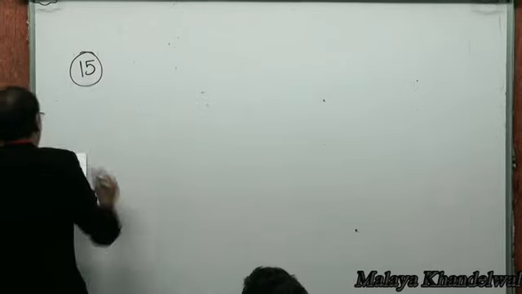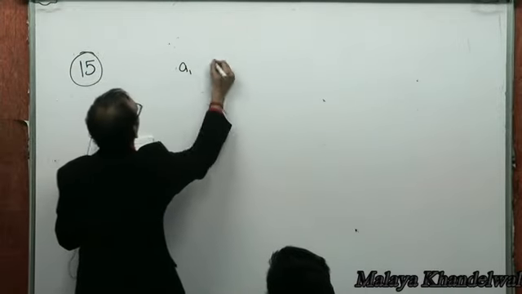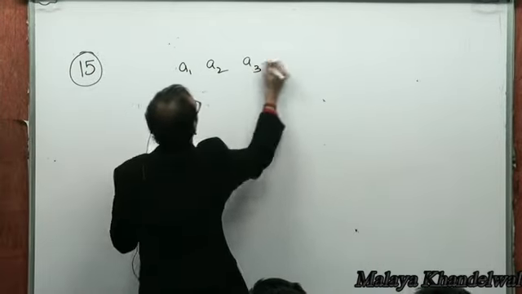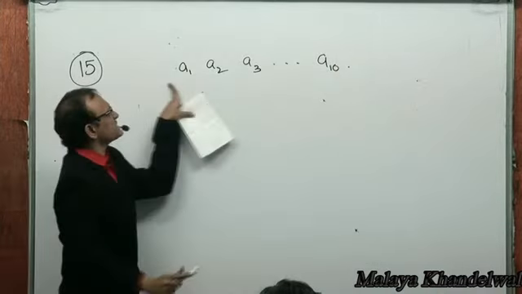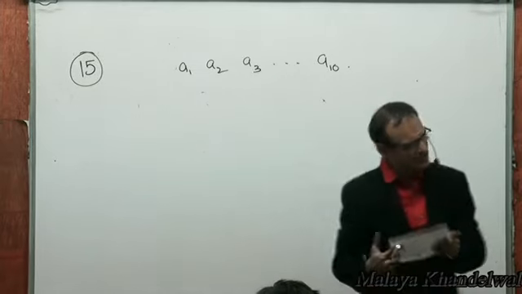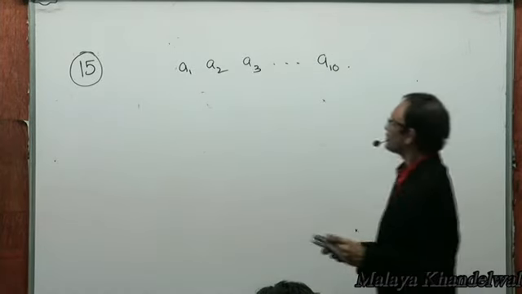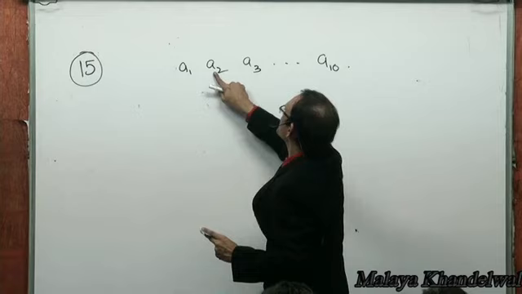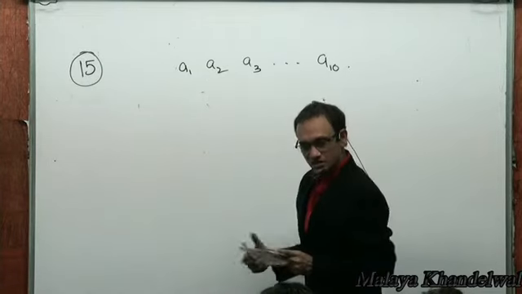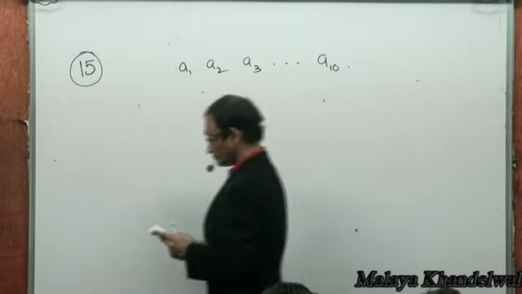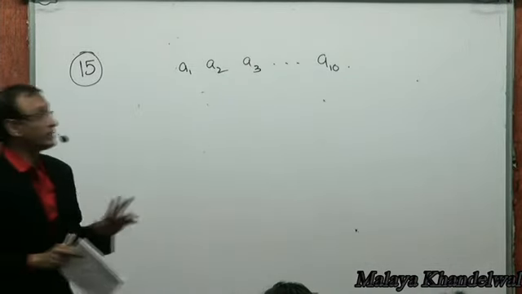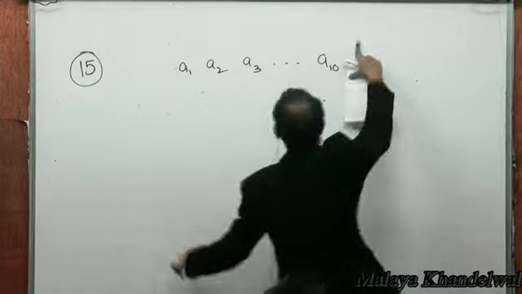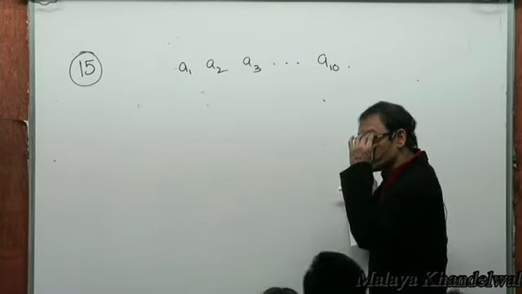There are 10 children, A1, A2, A3, up to A10. These are their designated locations, the seats on which the 10 children are seated. Now, I'm allowing various permutations, various rearrangements of these.